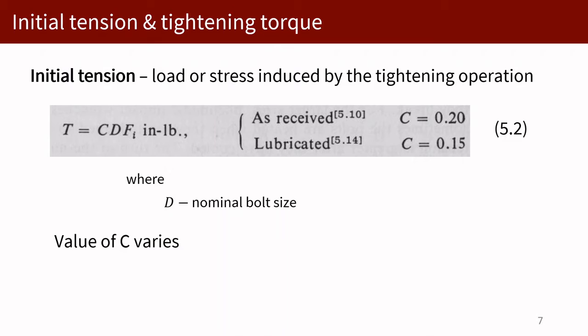According to standards, as received refers to when cutting fluid was used in cutting the threads. In this condition, it is assumed there are no foreign particles in the threads, so it is recommended to use 0.20 for the torque coefficient.